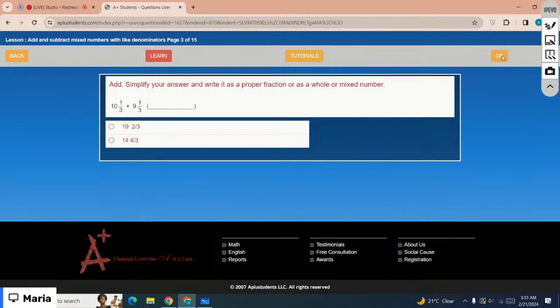The next one is 10 whole 1 over 3 plus 9 whole 1 over 3. Which is the correct option? Yes, that is 19 whole 2 over 3. Option number 1 is the correct option, right?